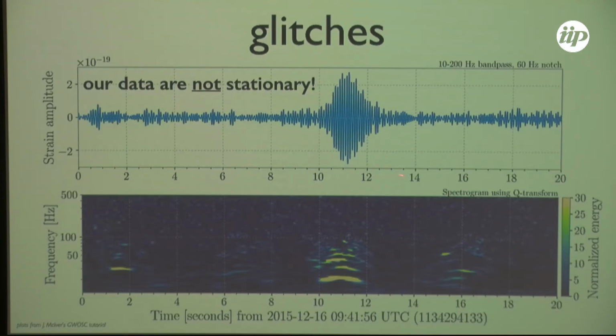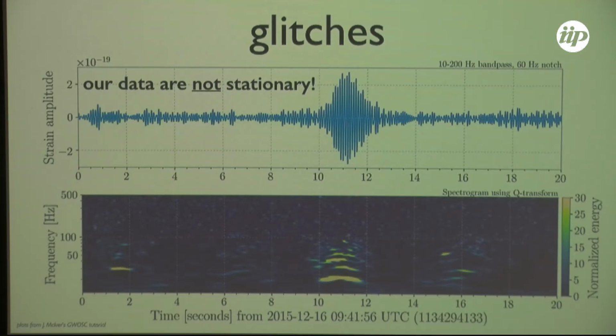So for example, this is an actual noise glitch in, what is it? Is it Hanford? I don't know what actual instrument was used here. So it's just h of t, and it looks fine, and all of a sudden, the mirrors shake with a burst of power, and then it goes back to what it was before.